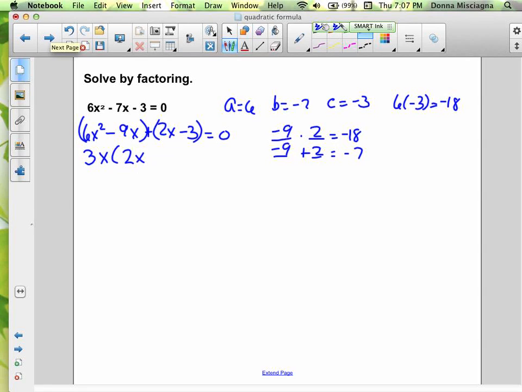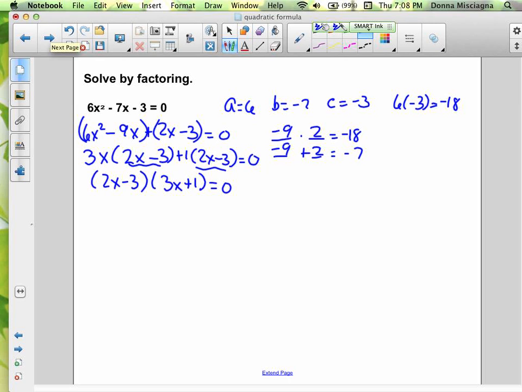Negative 9x divided by 3x is negative 3. The only common factor for 2x minus 3 is a 1, which is great because we have a matching set of binomials. They match. We can factor out that matching 2x minus 3, and we're left with 3x plus 1.